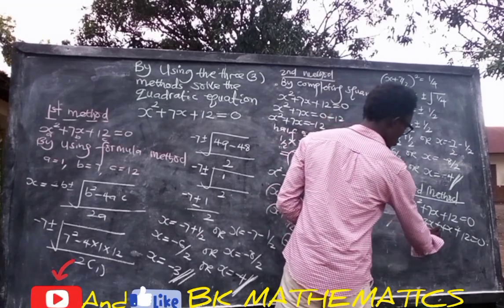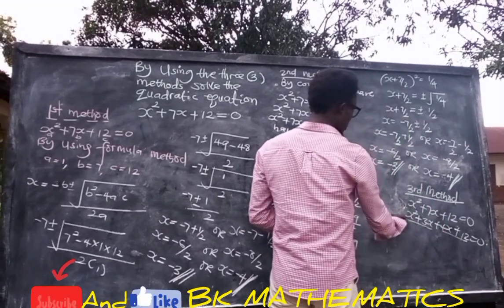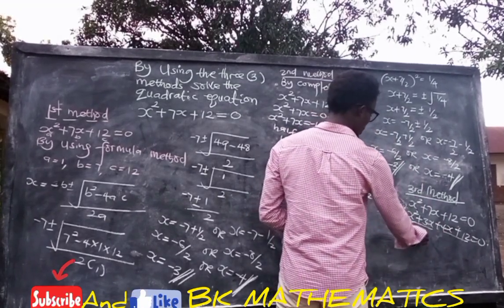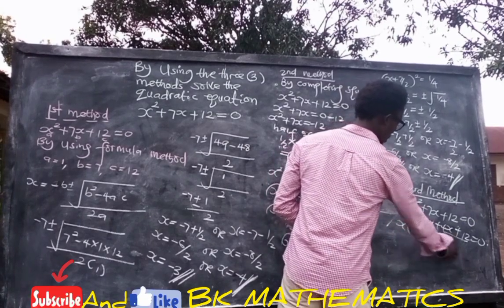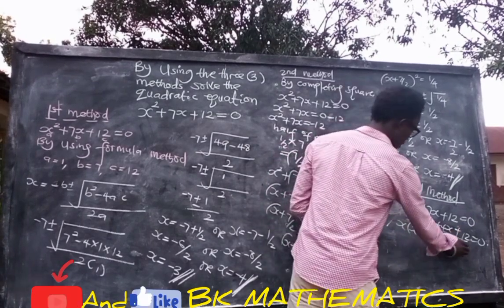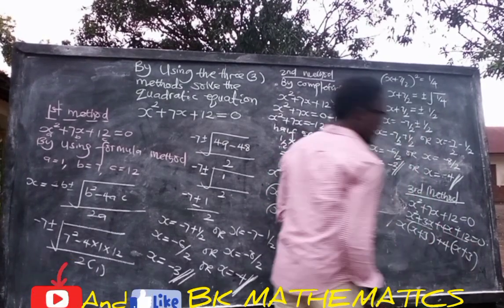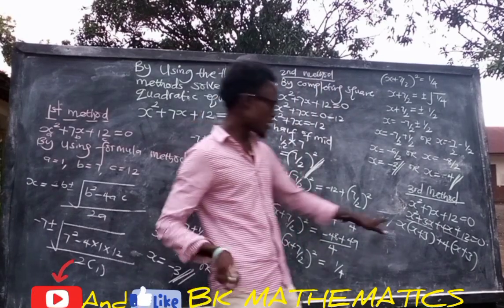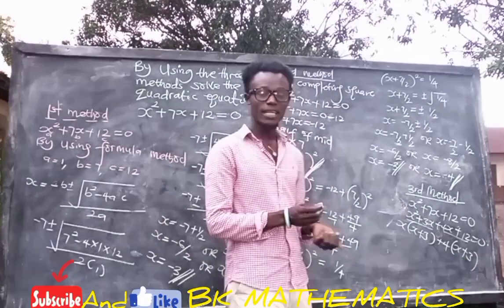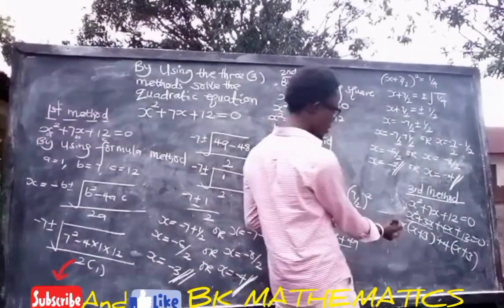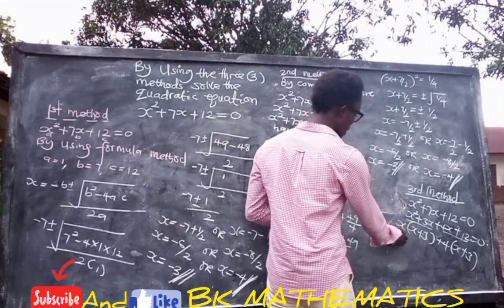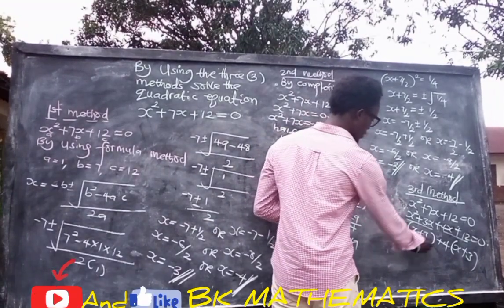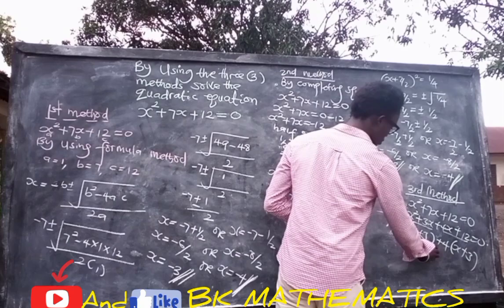Let's group them 2 by 2. Then the common factor here is x into x plus 3, plus 4 into x plus 3 also. Then let's take those that are outside the bracket first, after which we can simplify for us to have our value of x. Then we say x plus 4 into, since they are the same bracket, we take 1.